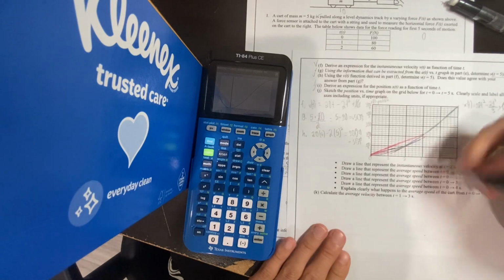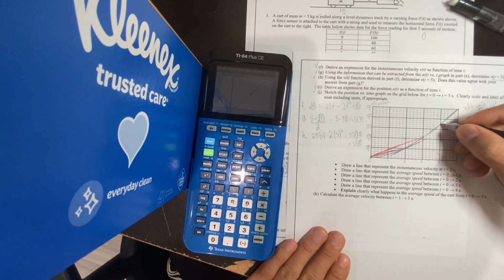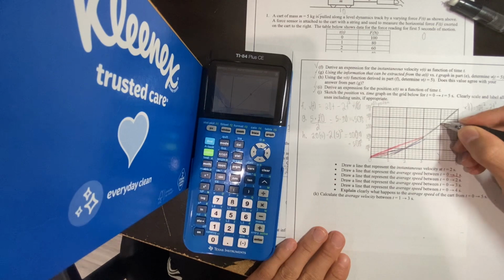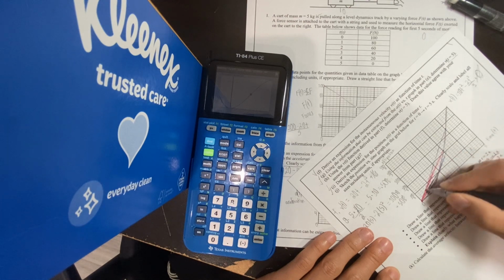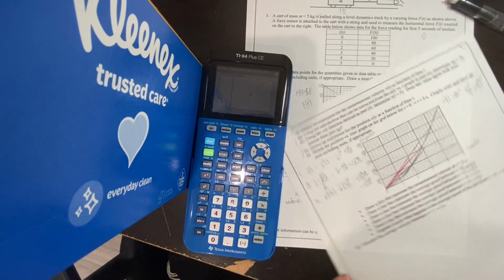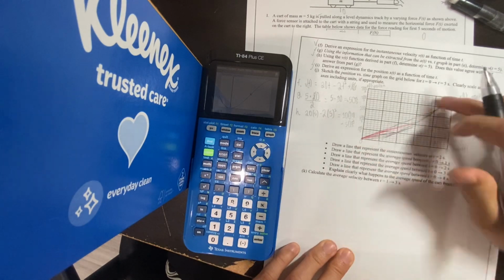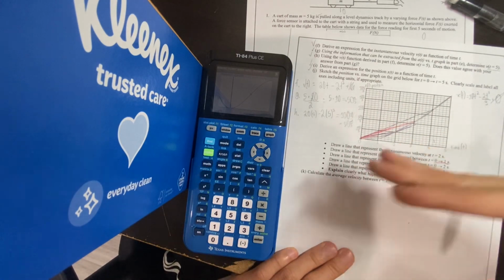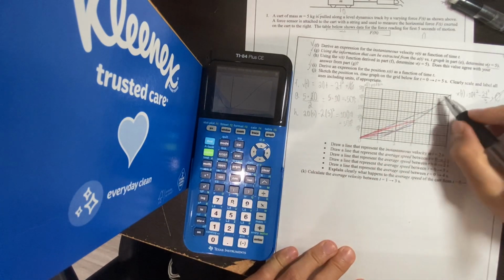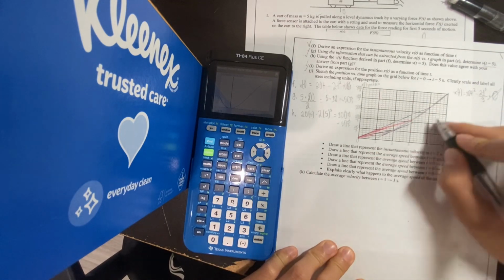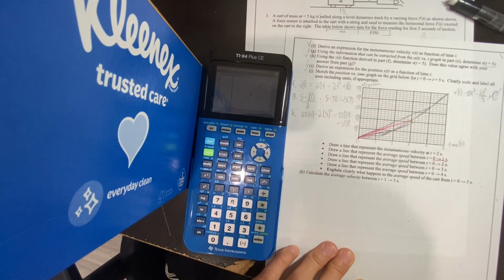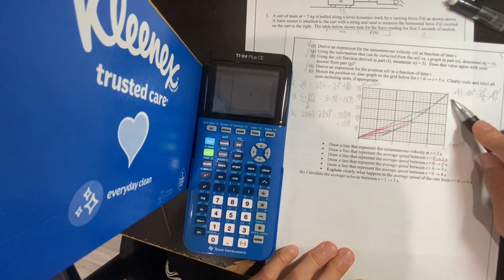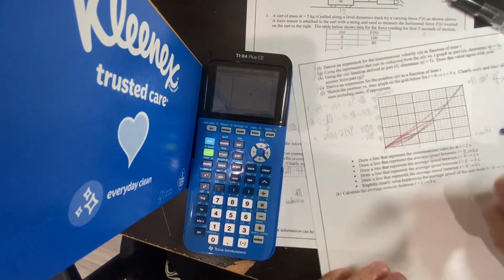Switch to black. 0 to 4, so about there. And again, these slopes are slowly increasing, right? Because smaller slope, bigger slope. So the average is probably increasing little by little. From 0 to 5 next. It's gonna be from here to here. So we just use that red to show that.